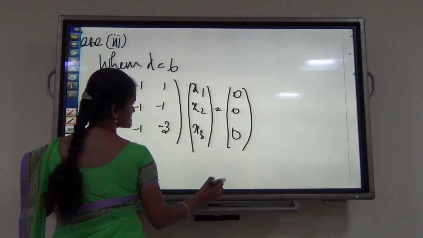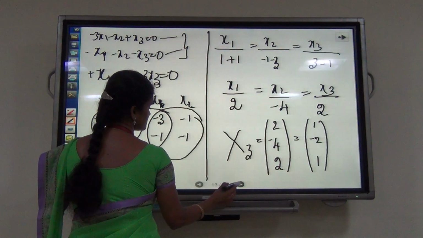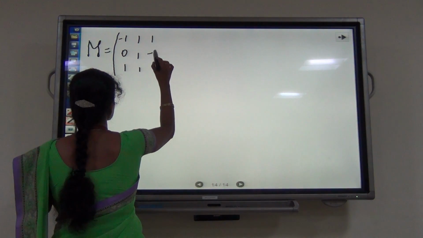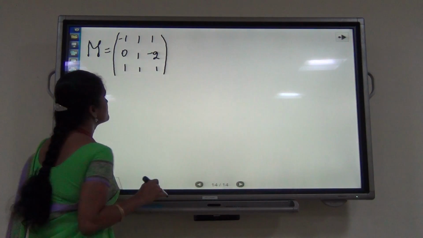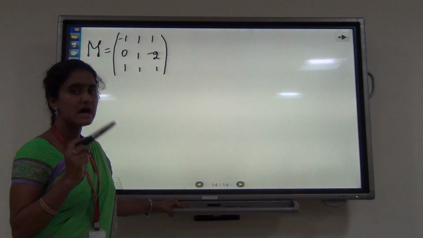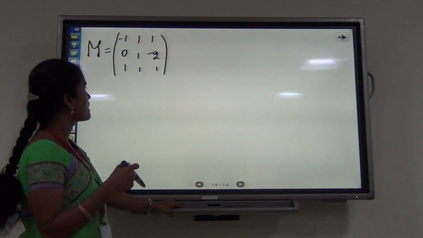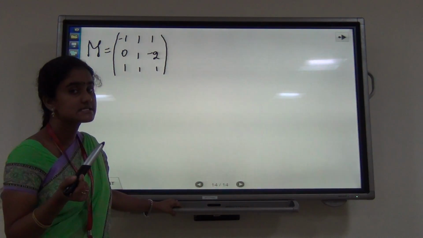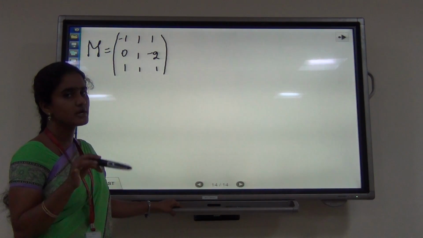And x3 is 1, minus 2, 1. So this is what the modal matrix is. You just place the eigenvectors column wise. Now let us find the normalized modal matrix.